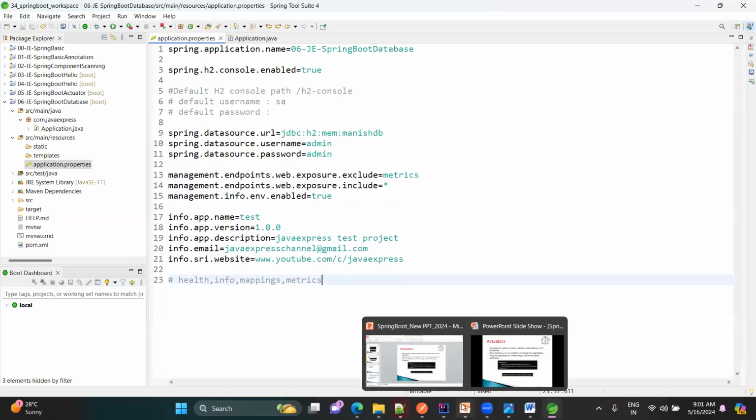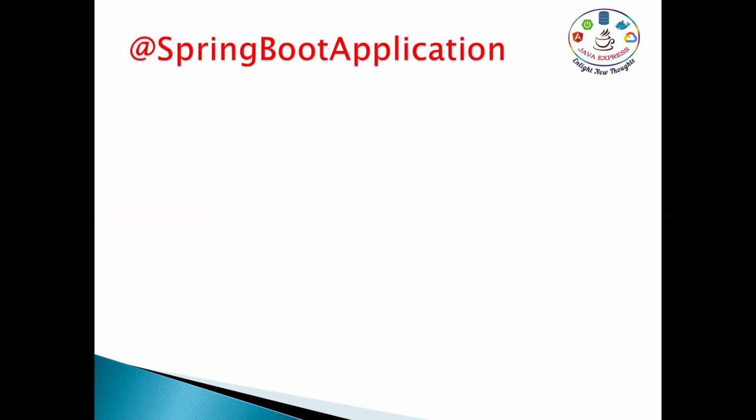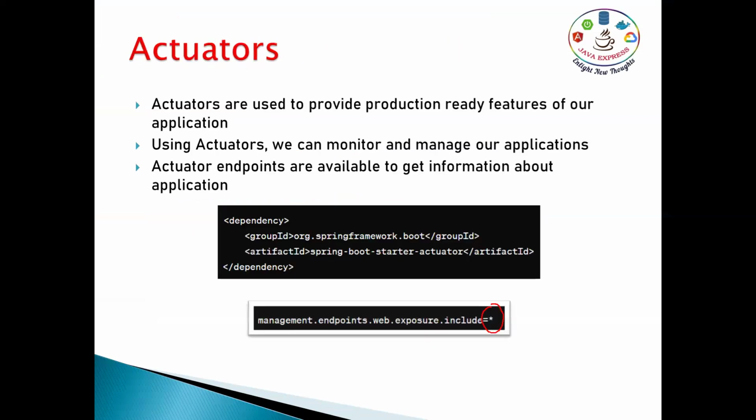This is about your Spring Boot features, guys. Starter poms, embedded servers, embedded databases, and actuators. Another most important topic called auto configuration, that tomorrow we'll discuss, and we'll try to complete whatever pending topics we have in tomorrow's session. Configuration features.